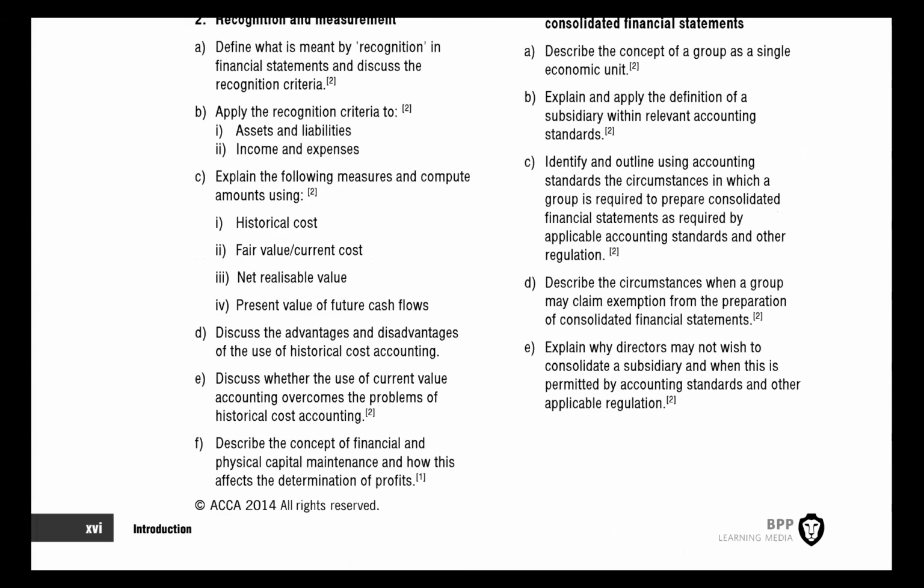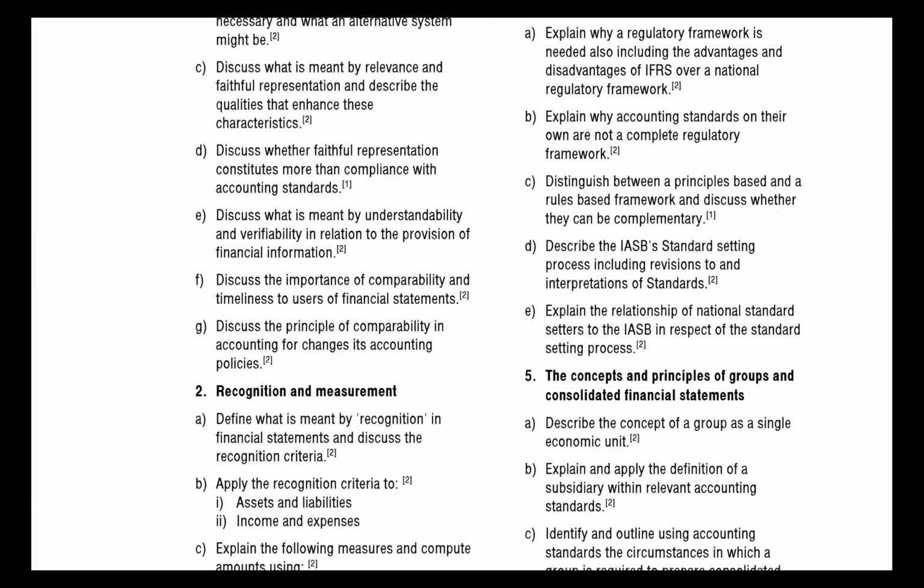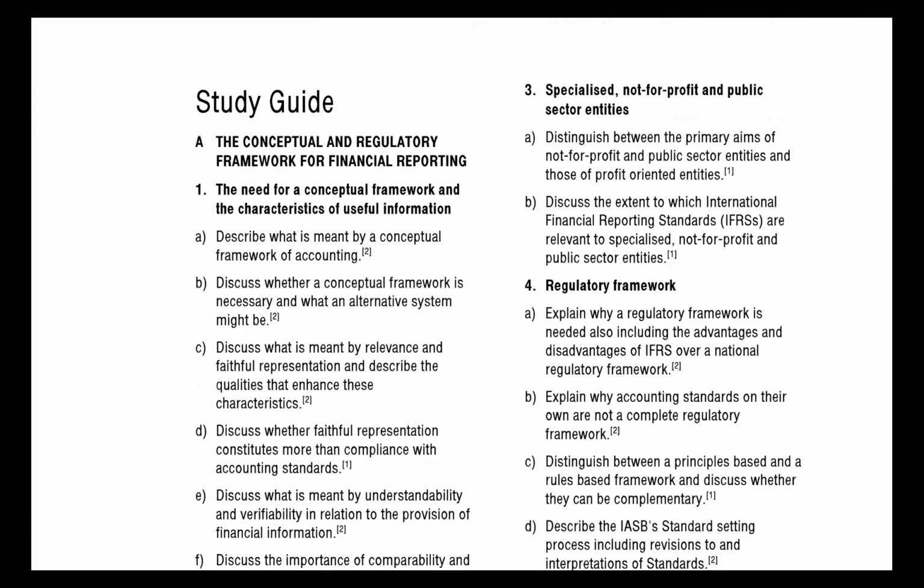We will not end there. We will describe the concept of financial and physical capital maintenance and how this affects the determination of profits. We will continue looking at the unit and explain why a regulatory framework is needed. Also, we will include the advantages and disadvantages of the international financial reporting standards over a national regulatory framework.